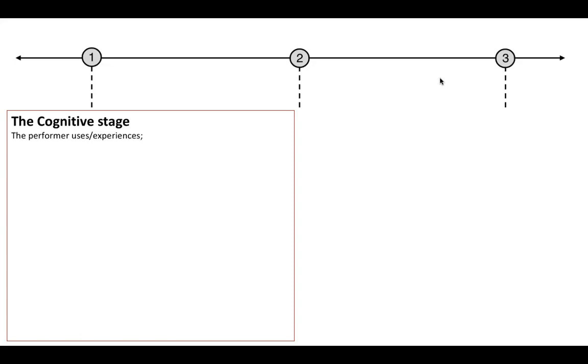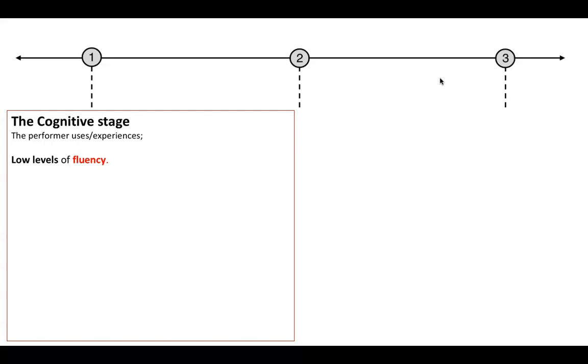Now, it's really important that we answer this by saying the performer uses or the performer will experience. So if we're talking about characteristics of the stages of learning, we already know that in the cognitive stage, the performer experiences low levels of fluency. We've already got this from the last slide. This is going to be really key for your core notes. These next characteristics, all of these slides from now on are going to be really important.